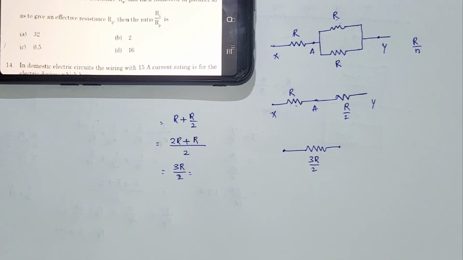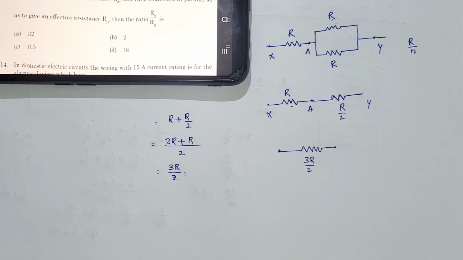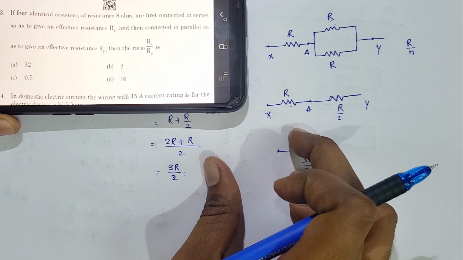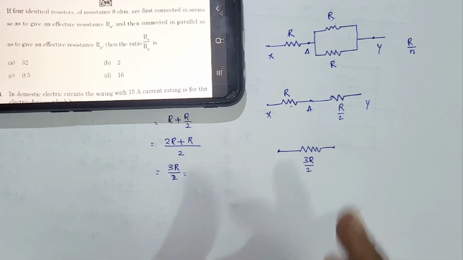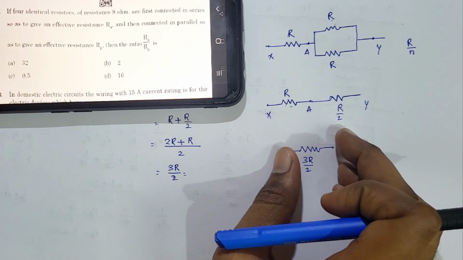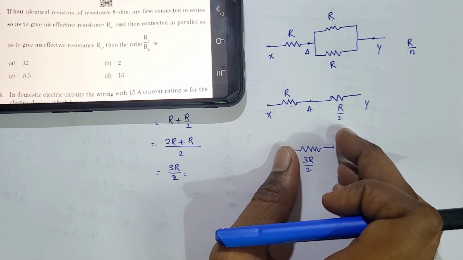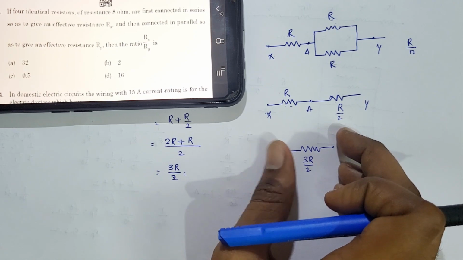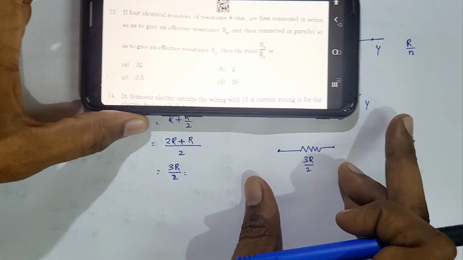Now see this question, you see once. If four identical resistors of resistance 8 ohm are first connected in series so as to give an effective resistance of Rs, and then connected in parallel so as to give an effective resistance of Rp, find the ratio of Rs and Rp.